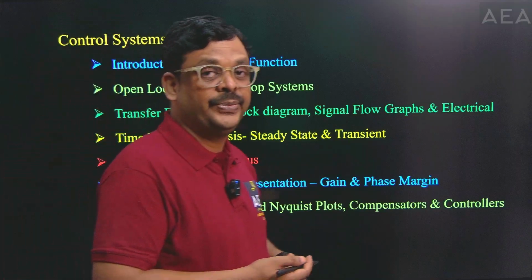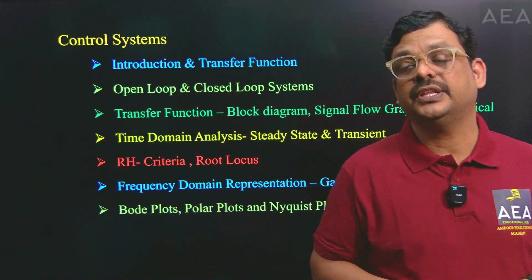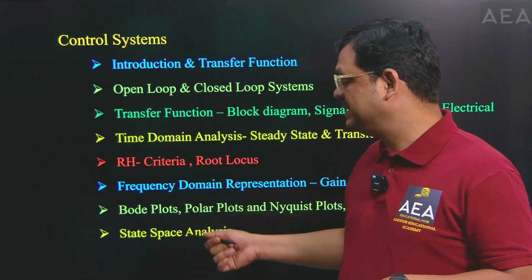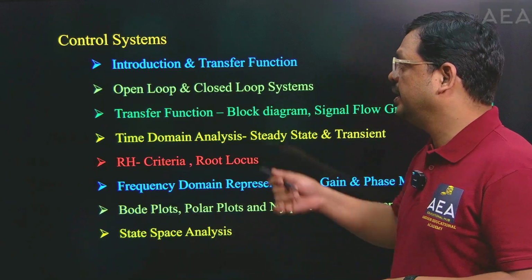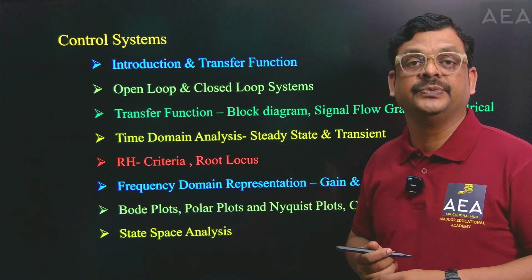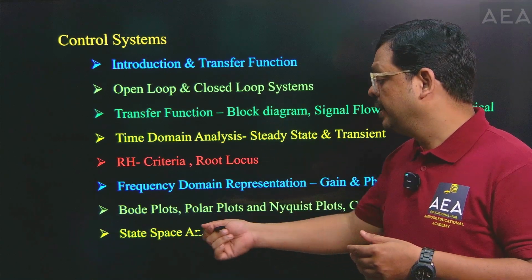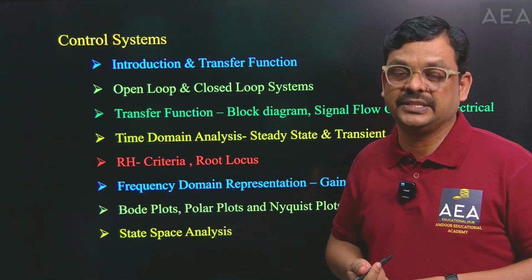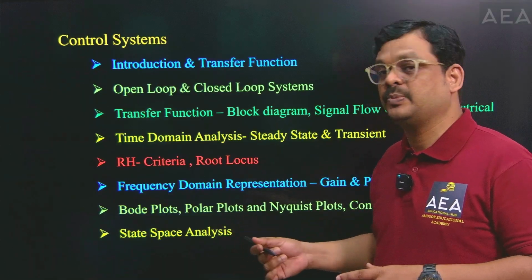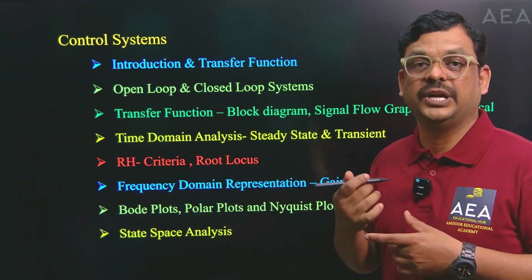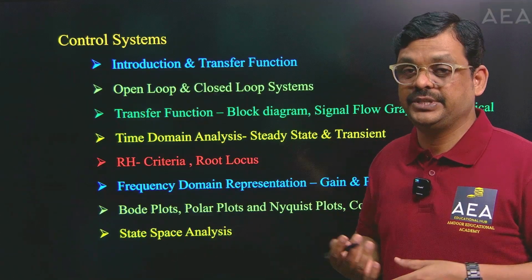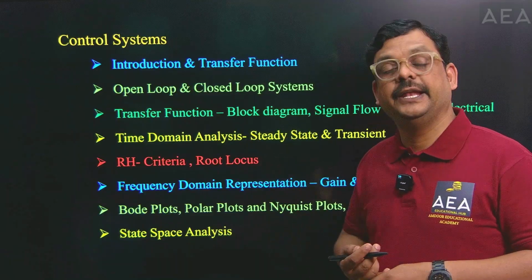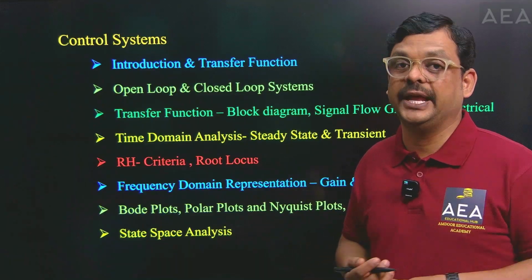And again, we have to discuss another very important concept, state space analysis. The transfer function has one limitation. To avoid that limitation, this technique, state space analysis, is used. Here I will explain how to determine the transfer function for multiple input and multiple output systems, dynamic systems, and again we have to discuss controllability and observability.